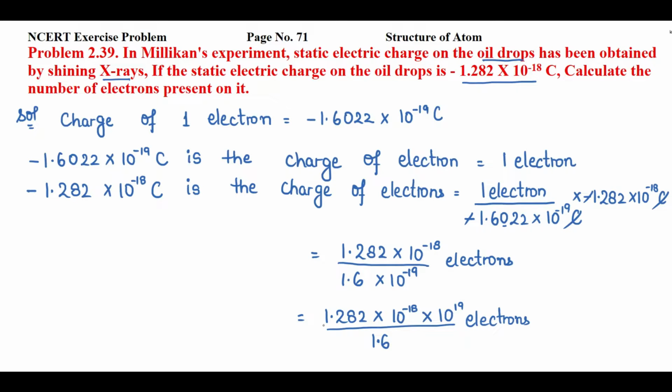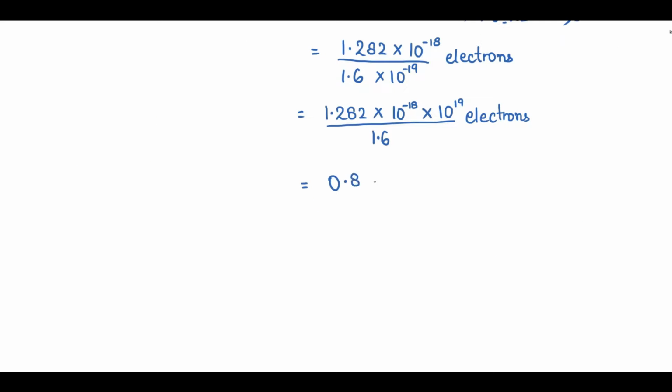So when you divide 1.282 by 1.6, your answer will be 0.80014. Now these two powers are in multiplication, so you can simply add them: 10 raised to power minus 18 plus 19 units electrons.